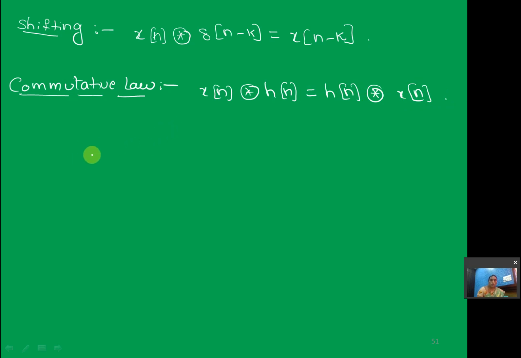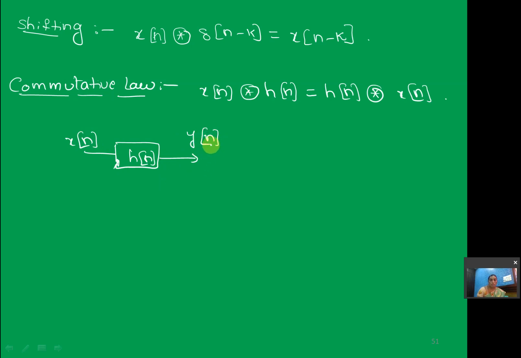So just see here, here it is h of n, the system response. Input is x of n. The output is y of n.